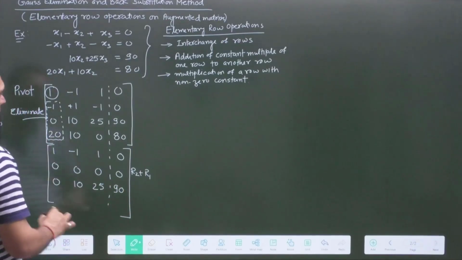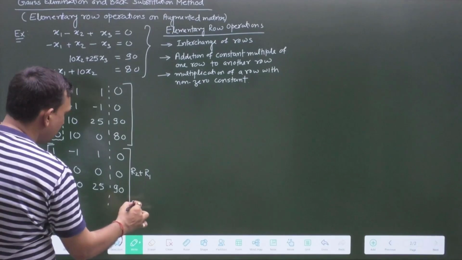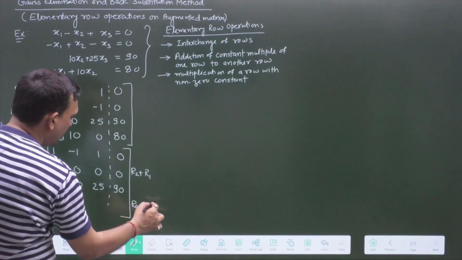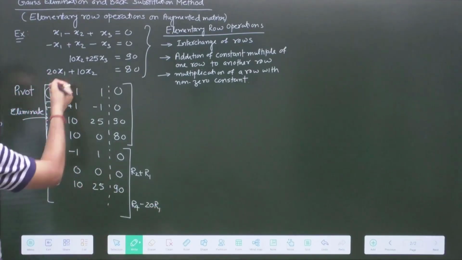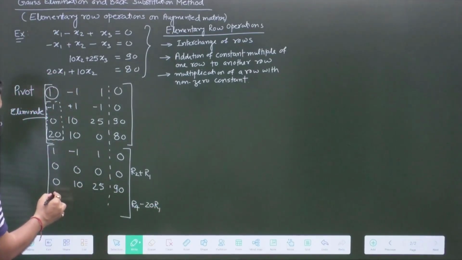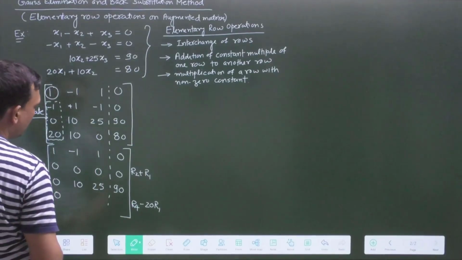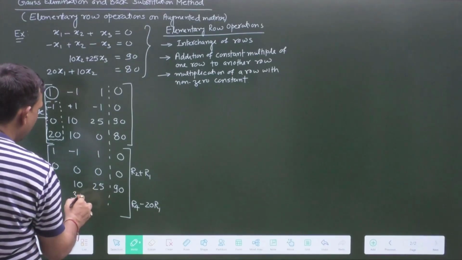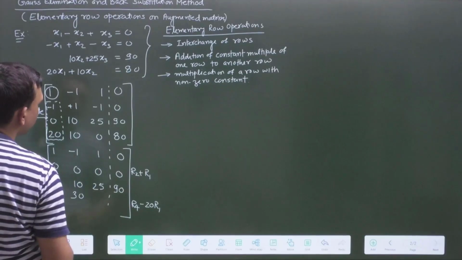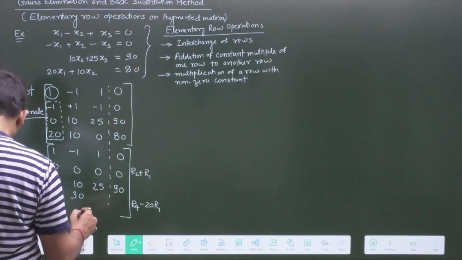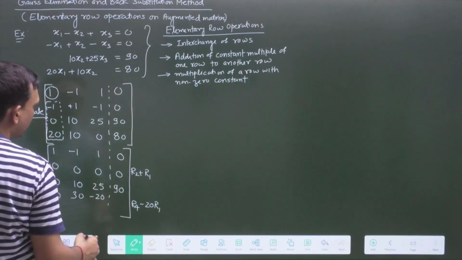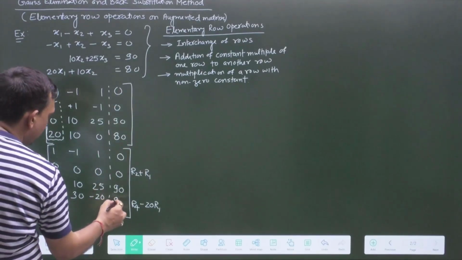Now you want to eliminate this. So that will be R4 minus 20 R1. This minus of this. So this will be 0, this is 30, this will be minus 20, and this will be 80.